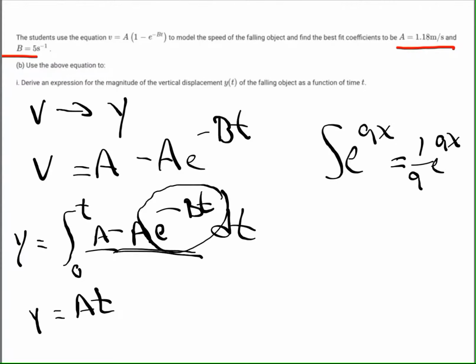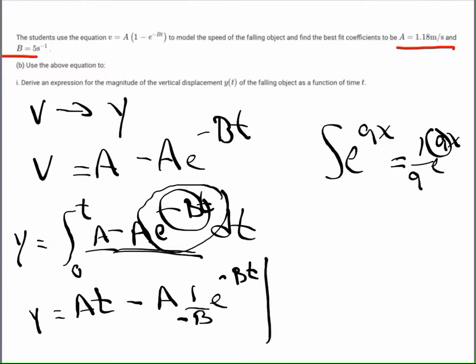We have the A, that's a constant, and then we're going to have 1 over negative b, because that's taking the place of the a here, e to the negative bt, and then we're just going to evaluate this from 0 to t.